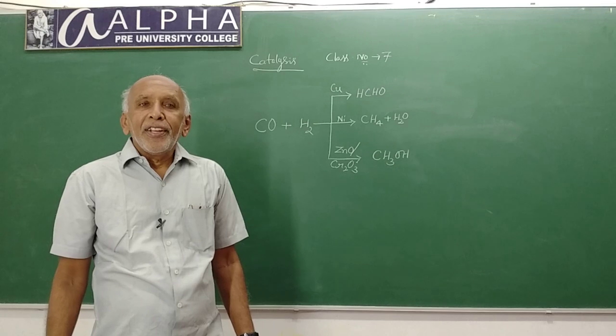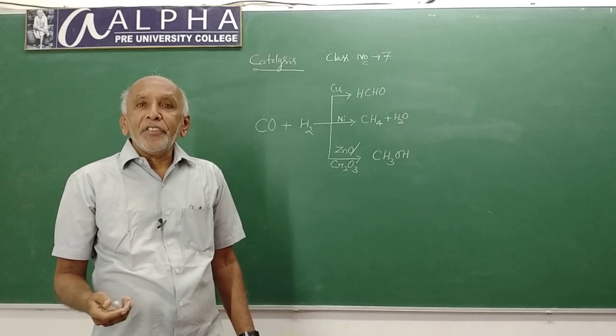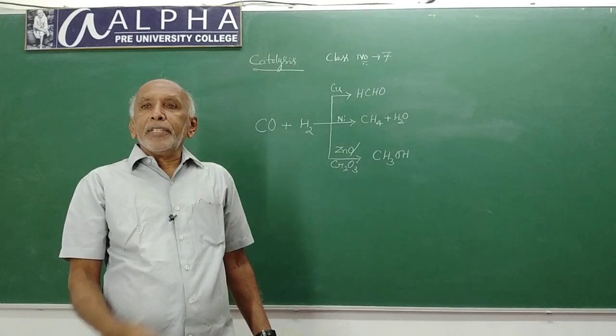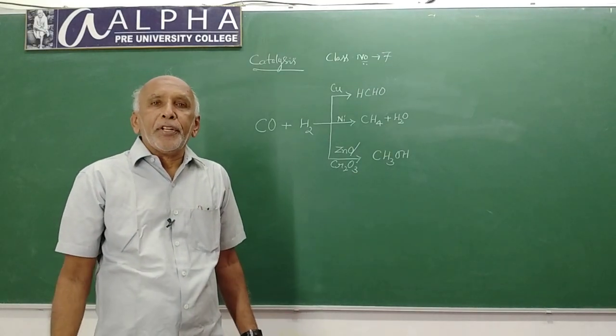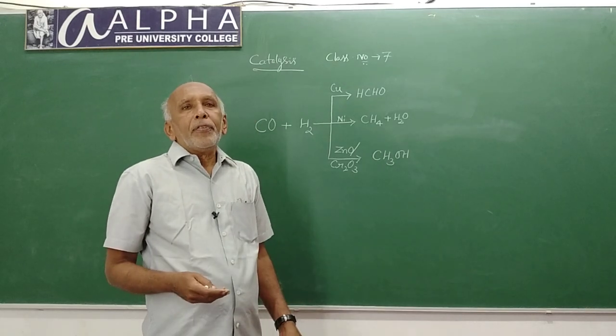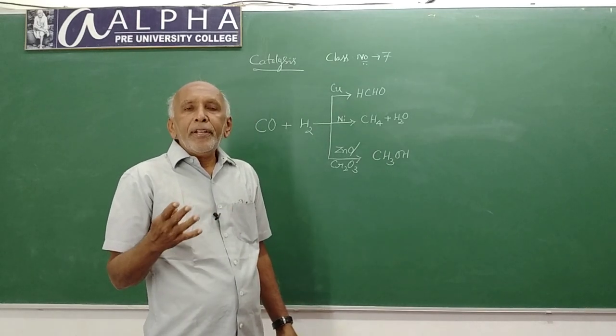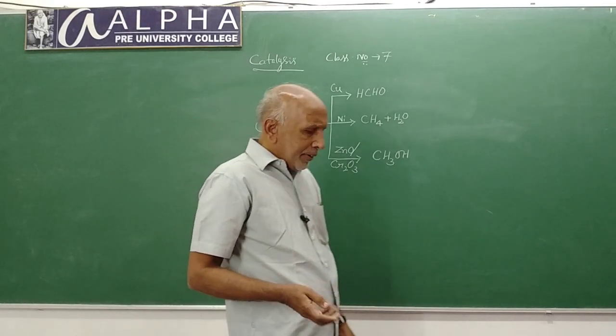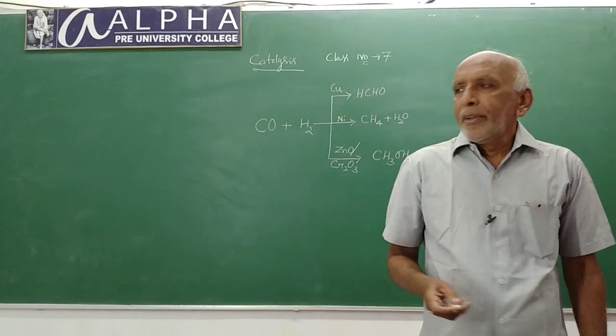This shows catalysts are highly specific in nature. If you use different substances as catalyst in the same reaction, different products may be formed because of directing in different directions. And let me give one simple illustration regarding this.